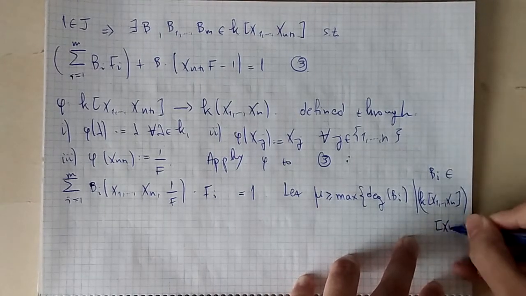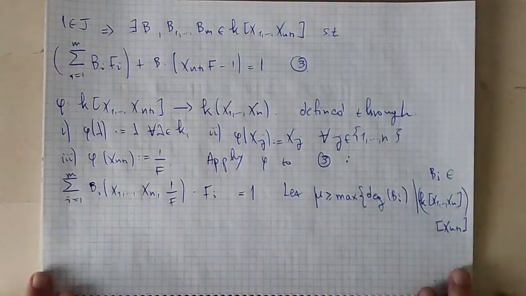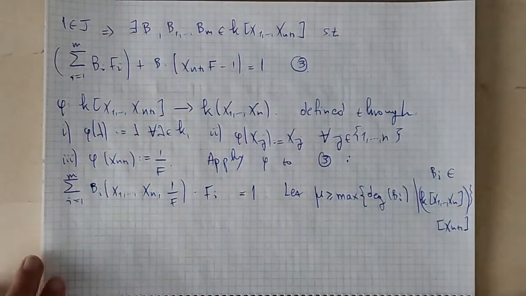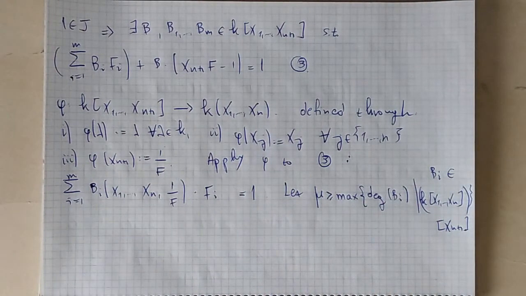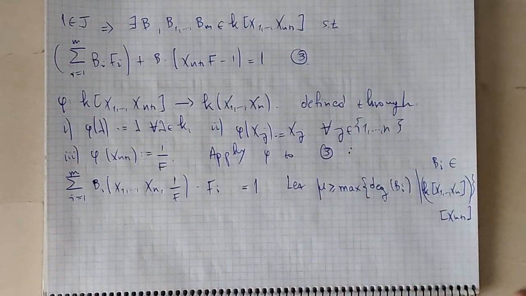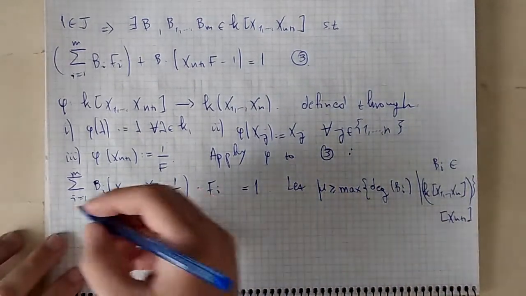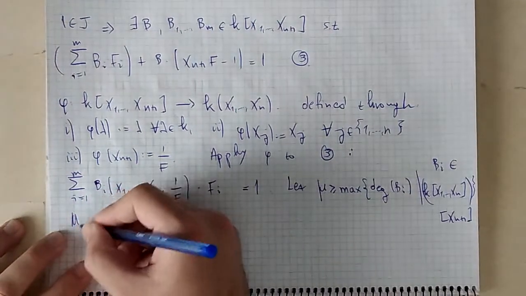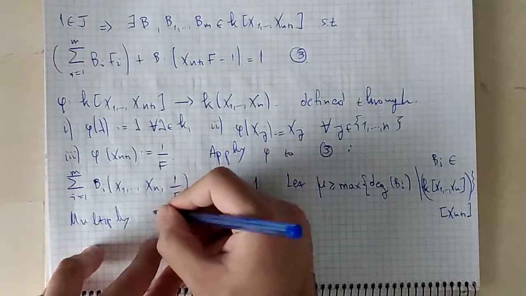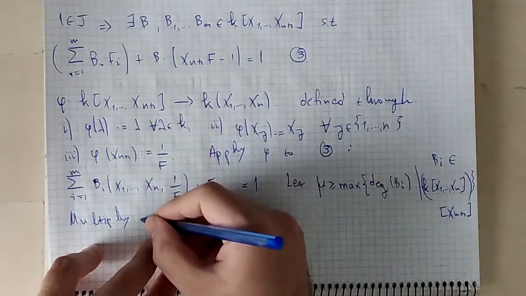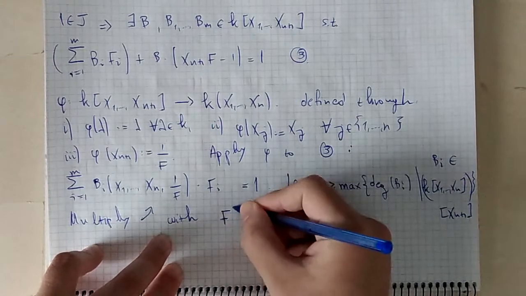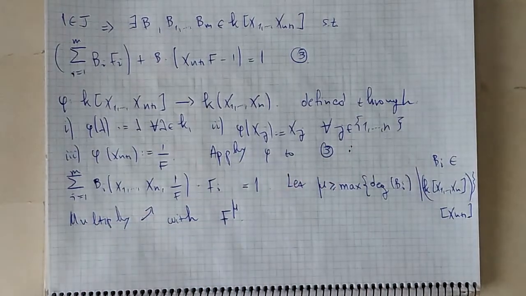Right? Okay, so now what do we do? We simply multiply this last equation with f to the power of m, right? Multiply this with f to the power of m.